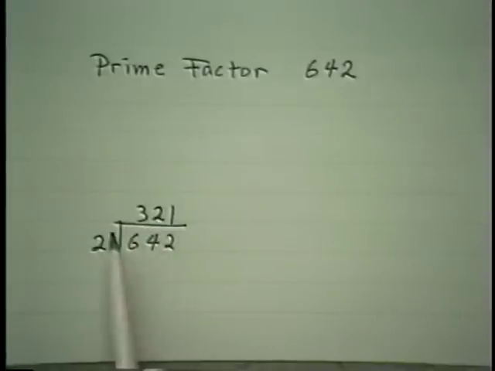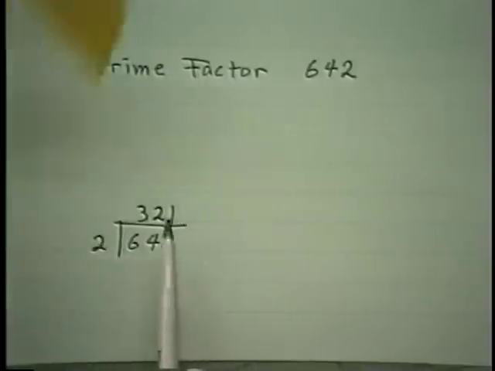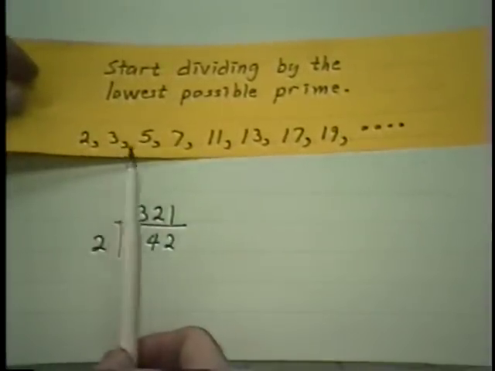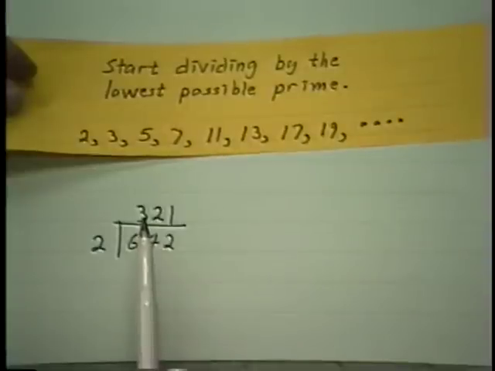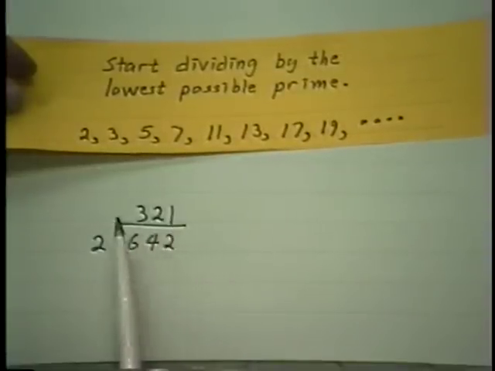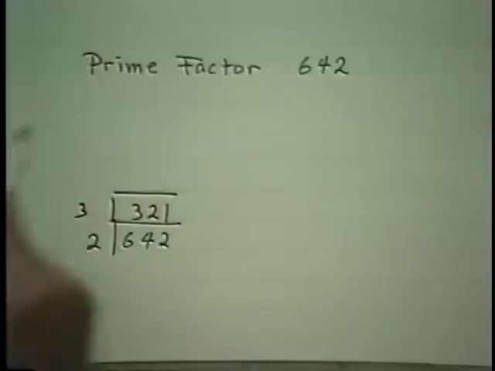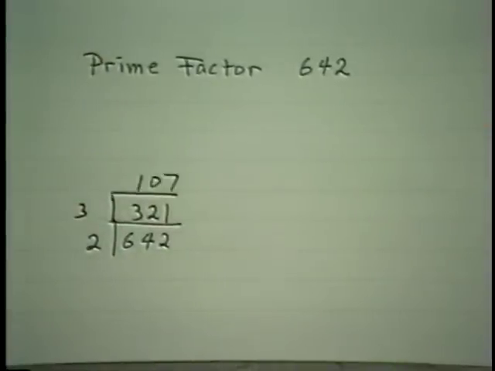That's not even, so 2 will not go in anymore. So we go to the next higher prime in our list, which is 3. Trying our divisibility test, 3, 2, and 1 is 6. 3 divides that. Doing that, we get 107.